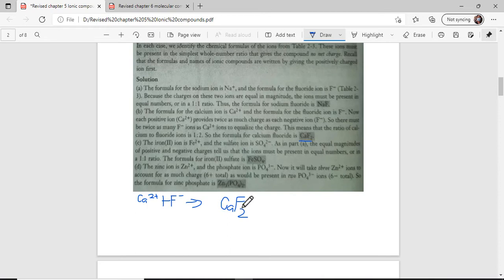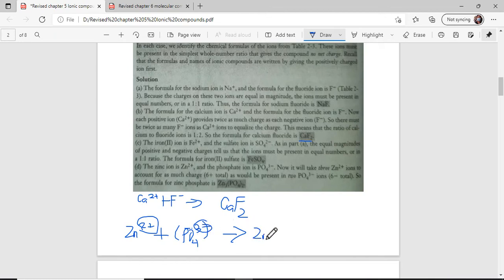Right? Then for your zinc, same principle. Because you know that your zinc is 2 plus. Okay? Plus your phosphate, which is PO4. Then what is the charge of your phosphate? 3 minus. Okay. Transfer the charge to the other side, and the charge of the phosphate, which is 3, without the sign.